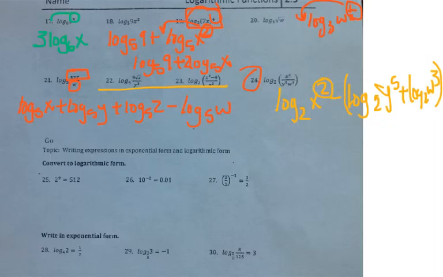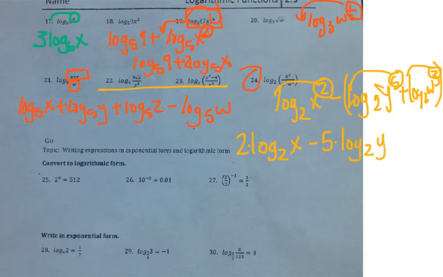So then all these exponents can come down. Okay, so it would be log base 2 of x, and that 2 would make it 2 times, minus 5 times log base 2 of y minus 3 times log base 2 of w. Just like that.